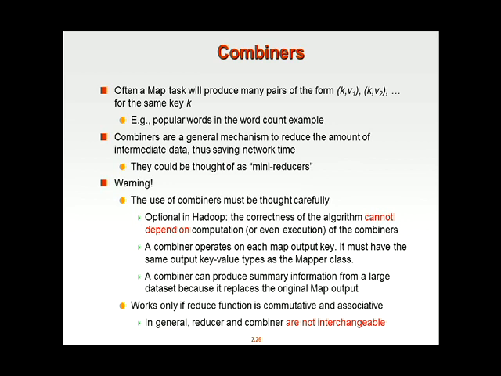The combiner can produce some information from a large data set because it replaces the original map output. The output of the combiner will be read by the reducer, so the output data type of the combiner must be consistent with the input data type of the reducer, and the input data type of the combiner should be consistent with the mapper output key value pairs.